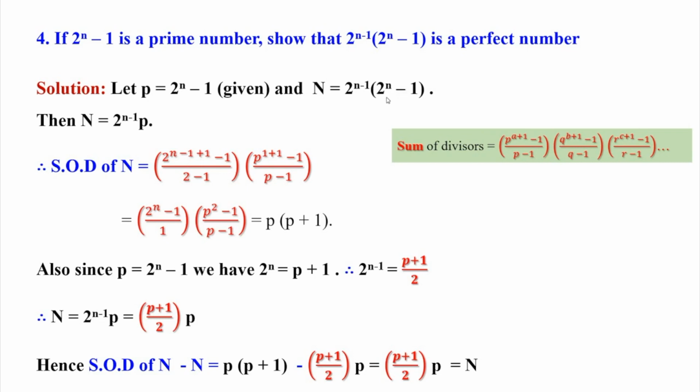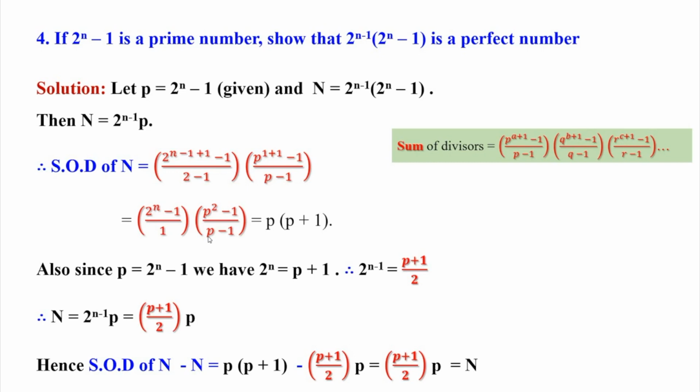Now we can rewrite this: because 2^n minus 1 is taken as p, this will be 2^(n-1) into p. Now using this formula, we can find the sum of the divisors of N, and that we get as (2^(n-1+1) minus 1) by (2 minus 1), and here (p^(1+1) minus 1) by (p minus 1).